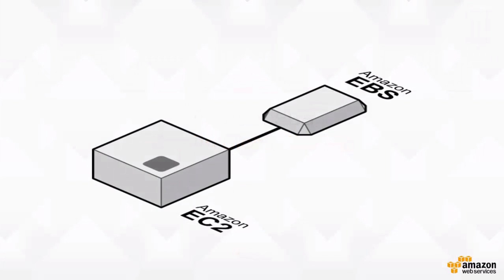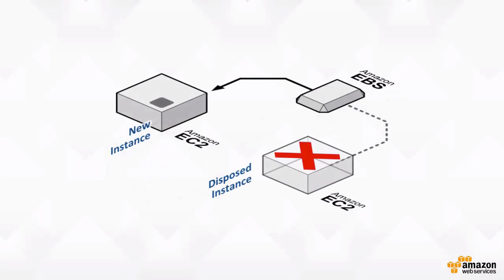You get started by creating a volume and attaching it to an EC2 instance. As opposed to instance storage, you can detach your EBS volume from one EC2 instance and reattach it to a new instance, so your data is persistent. This is good for use cases such as when you want to upgrade the EC2 instance type when a new next generation instance is available.